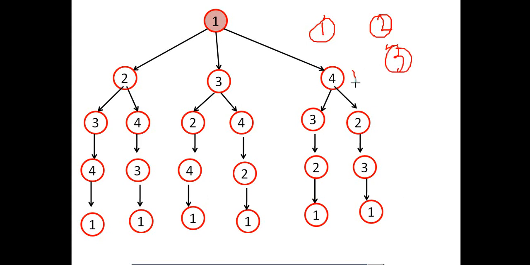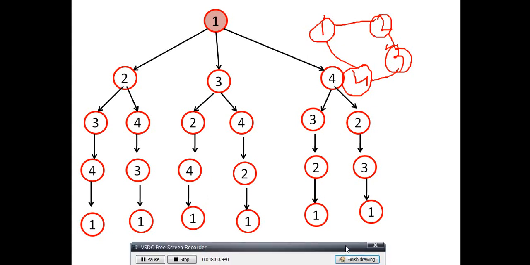Okay, now in the previous diagram, 1, 2, 3, 4. Now consider this path: 1 to 2, 2 to 3, 3 to 4, 4 to 1. This is one path.